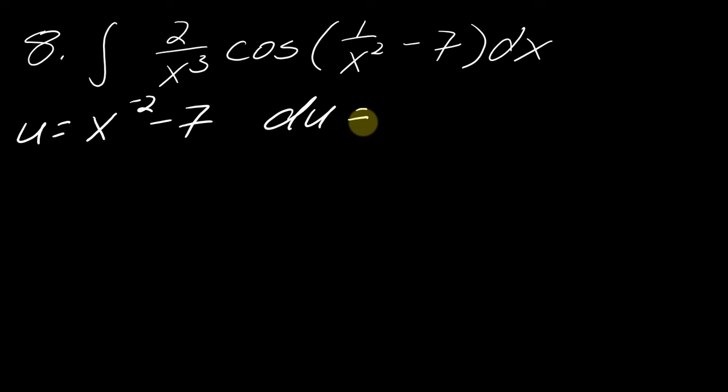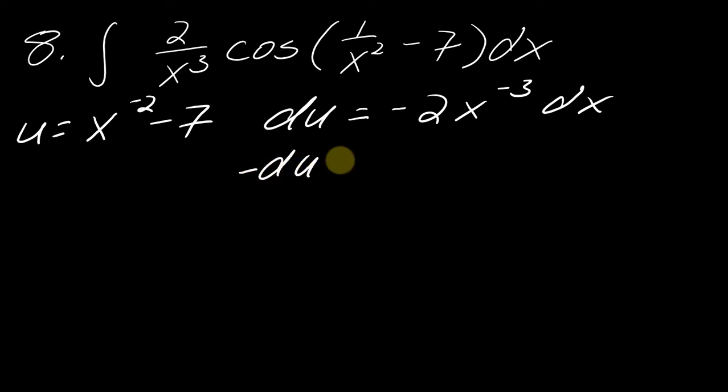And then my du in this case will be -2 times x to the -3rd dx. This is almost what we have in this problem, except this is a negative number and what I have over here is positive, so I just need to multiply both sides of this by -1. So negative du now equals 2 over x cubed dx, and so there you go.